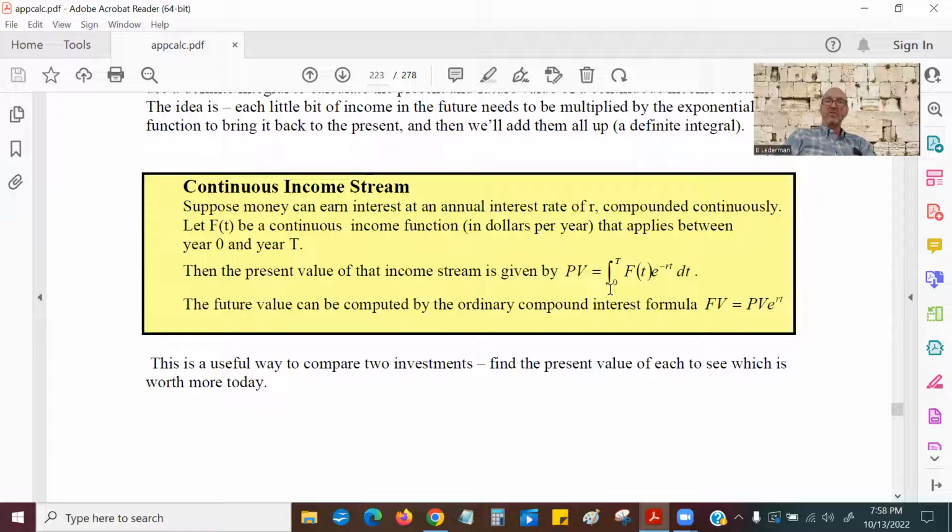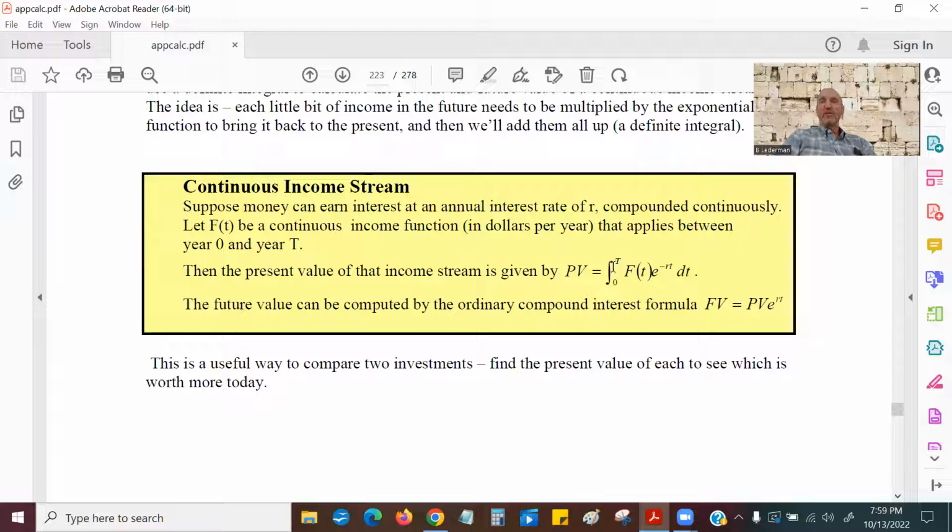It is equal to the integral from 0 to t, and t is the year t. Now, the year t is like 2025. We say that today is 0, so 2025 would be t equals 3.